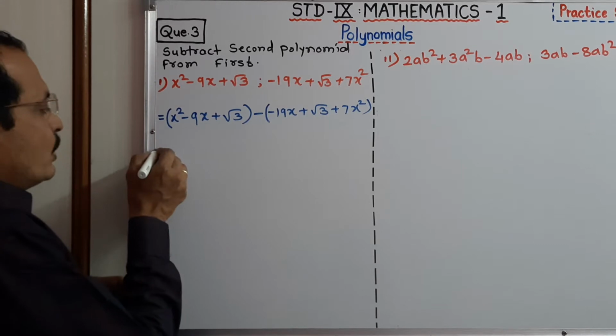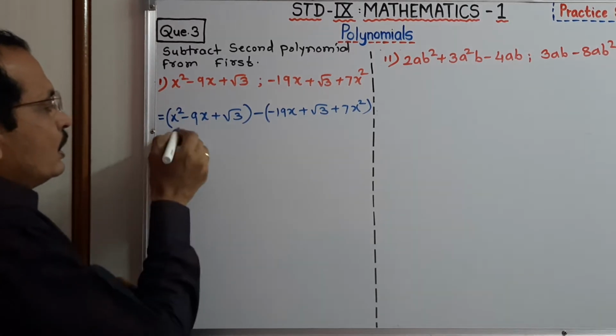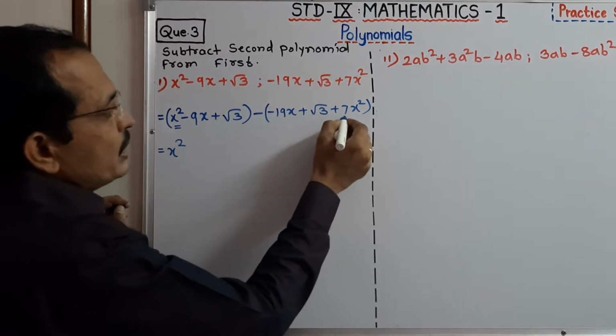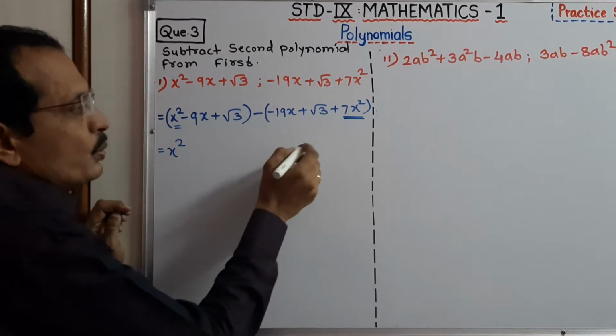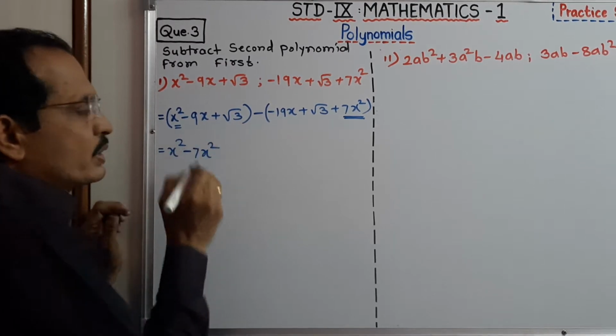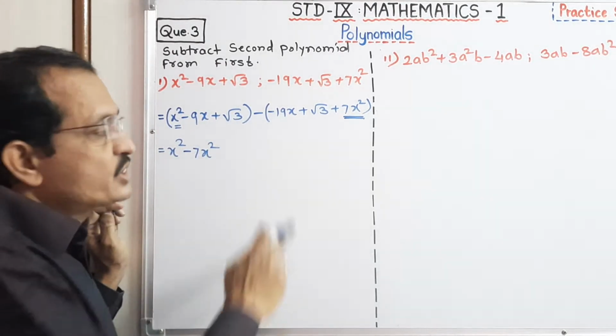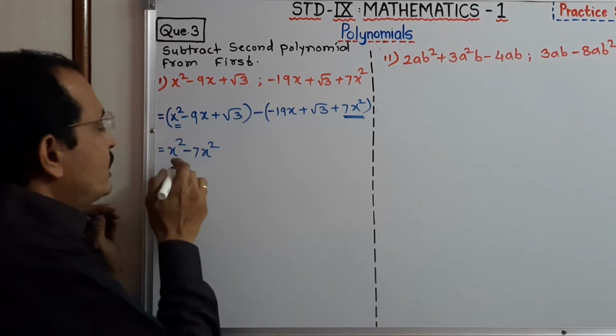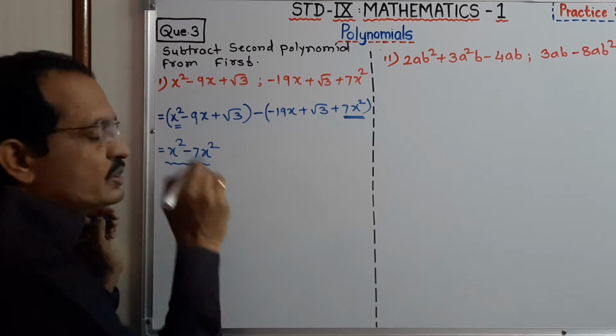Same thing, we have to write here x square. Now the term having index 2 in the second polynomial is 7x square, but now this plus 7x square will become minus 7x square because we are doing the subtraction. This minus sign changes this plus sign to a minus and therefore we write here x square minus 7x square.